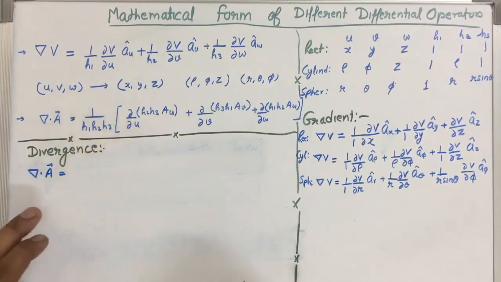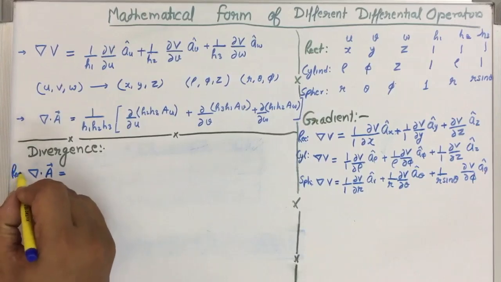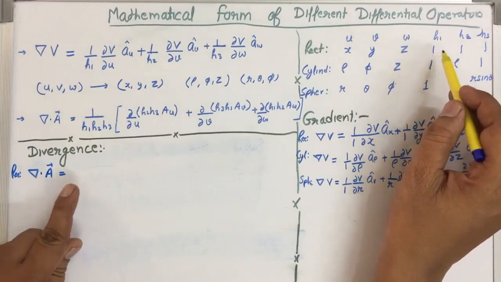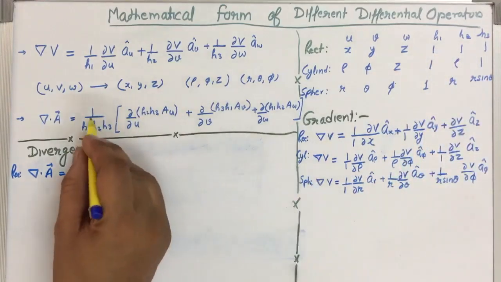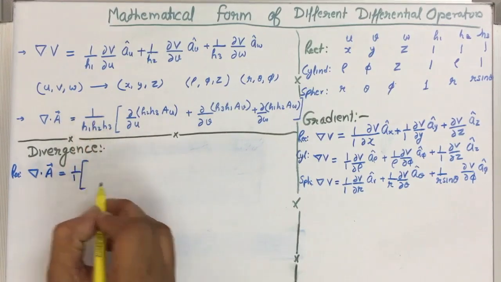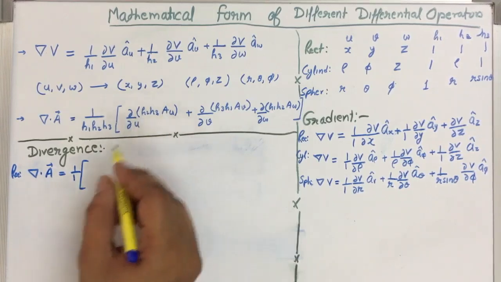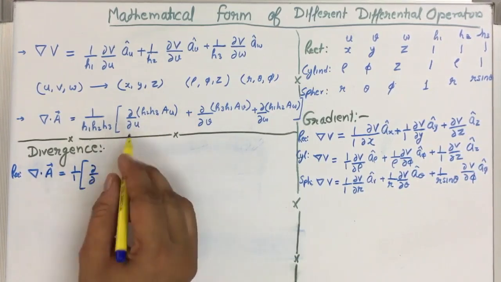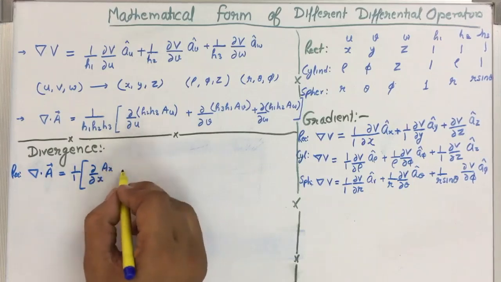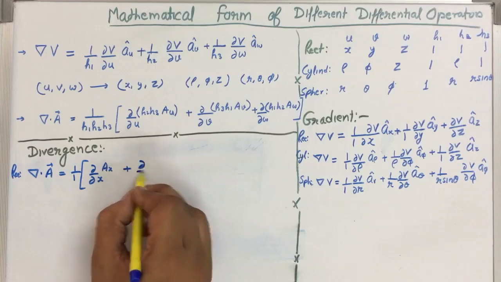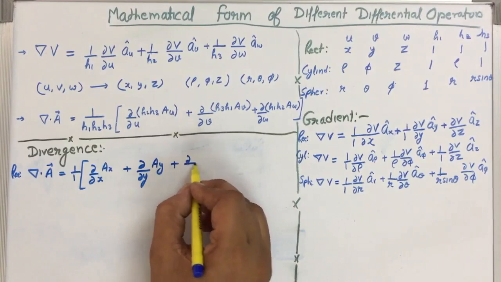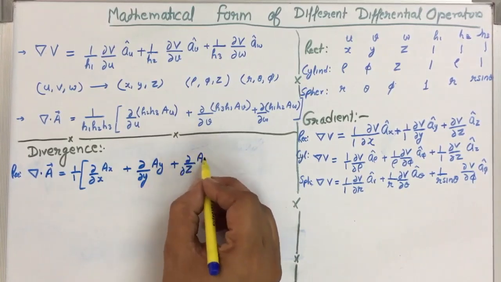In the rectangular coordinate system h1, h2 and h3 are all 1, so it is 1 by 1, in bracket del over del x, ax, plus del y, ay, plus del z, az.